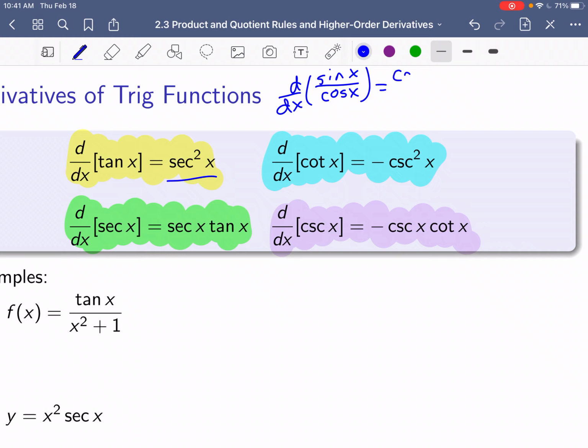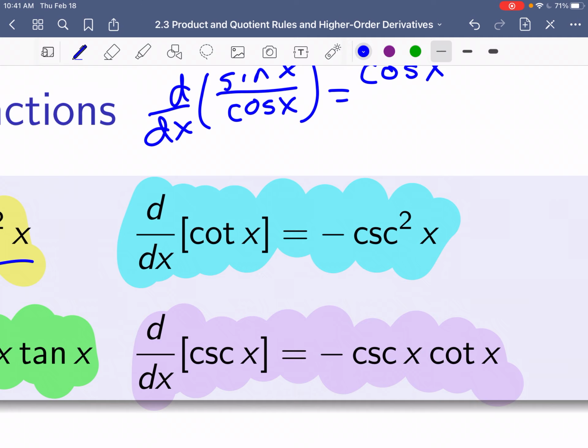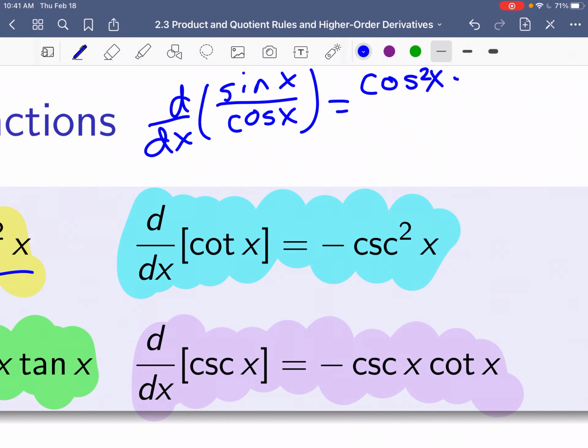So it's low d high, right? Derivative of the top is cosine, so we'd have cosine squared on top, minus high, sine x, d low. Derivative of cosine is negative sine, so we have cosine squared plus sine squared, all over low squared.